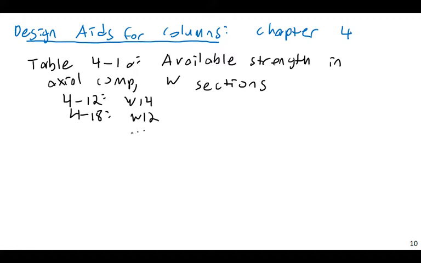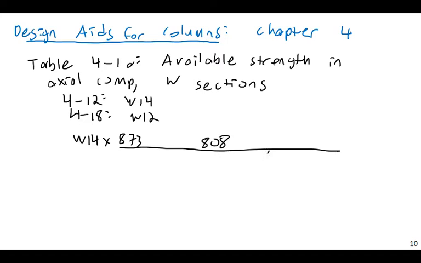For these tables, you'll have W14 by different columns like 873, 808, 730, etc. And then it lists its phi Pn and its Pn over omega, basically your LRFD and your ASD.